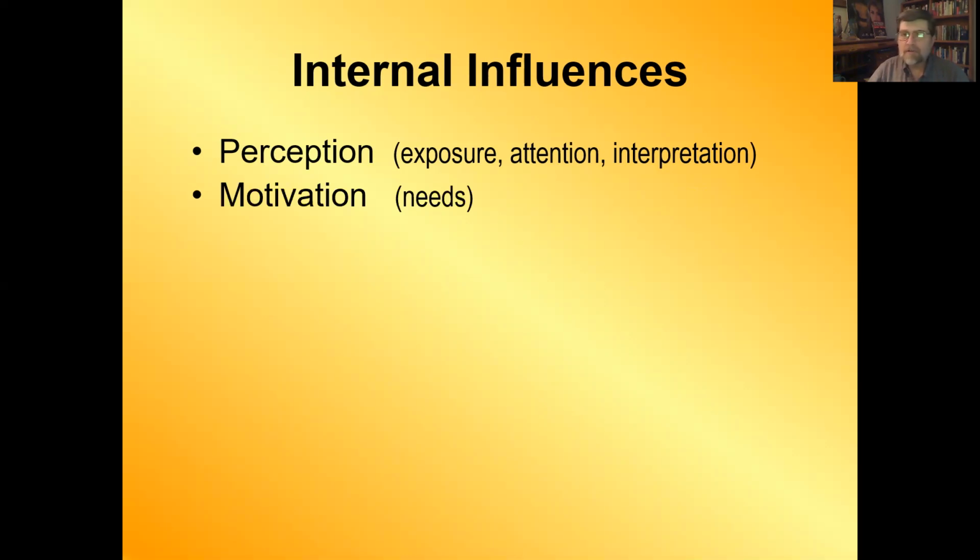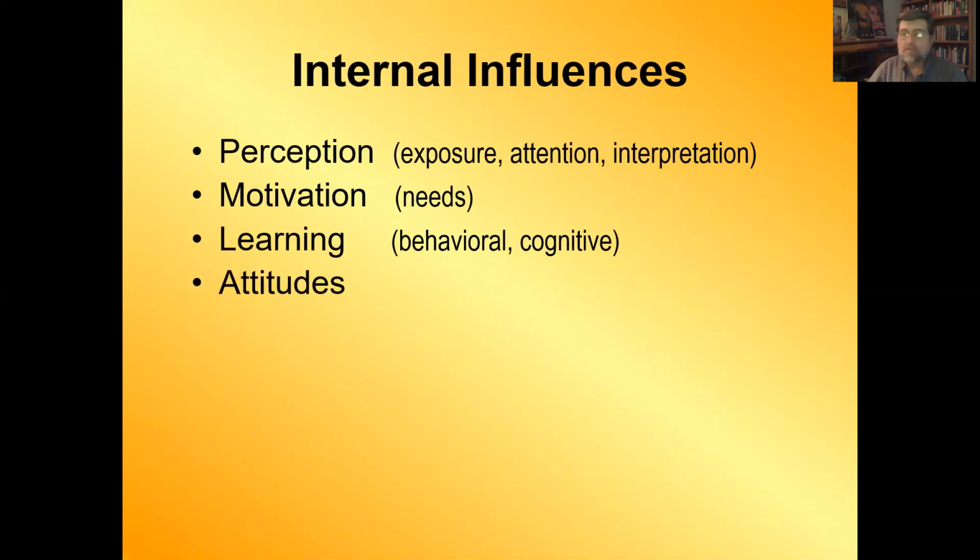That is an internal influence. What do we determine is our strongest unmet need? Also, we have to learn. We learn behaviors, we learn cognitively, and that will affect what products we buy. What attitudes do we have about certain things? Are you a do-it-yourselfer, or are you someone who buys things off the shelf, or do you have things custom made? And these are attitudes that you have towards different products.